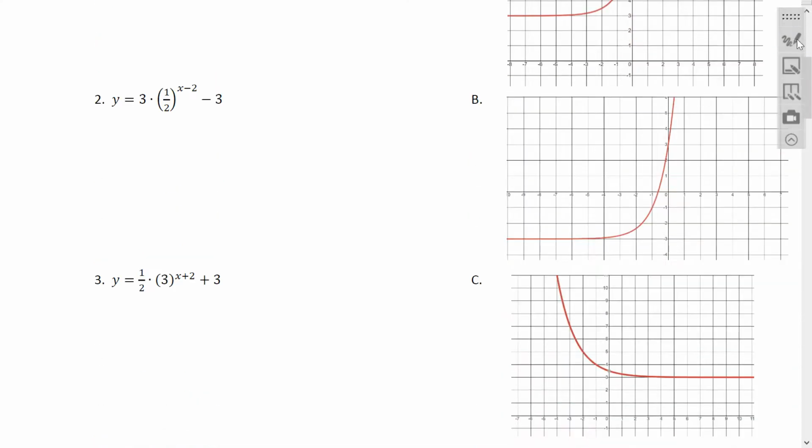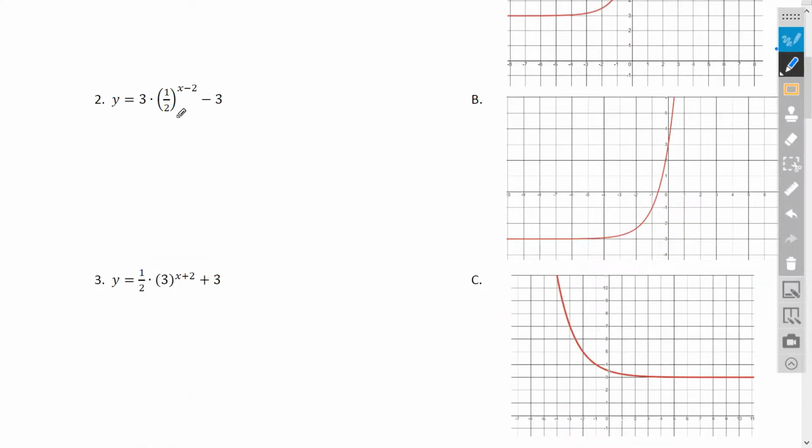So number 2 is almost the exact same. Well, not really, but it's got a lot of the same things. So if we look at the 1/2, this tells us that it's decay. Any number that's like a fraction or a decimal is decay. The -2 here tells us that it's been shifted to the right 2, and the -3 here tells us it's been shifted down 3.